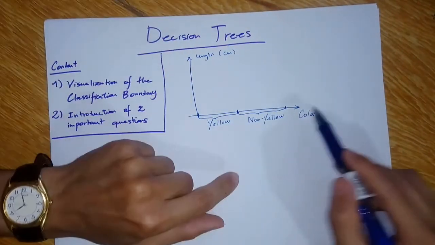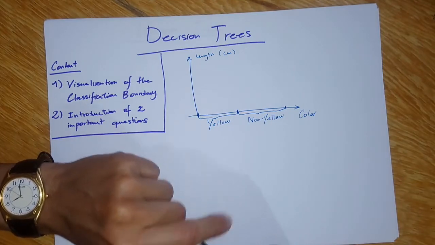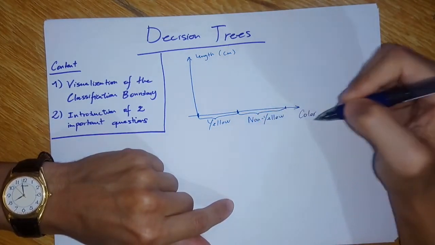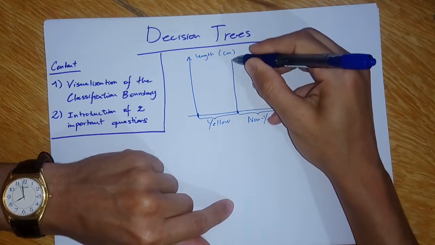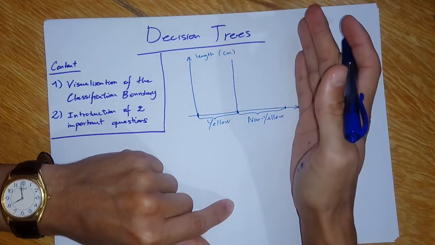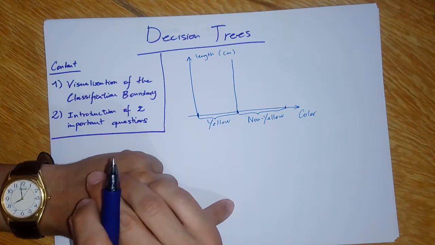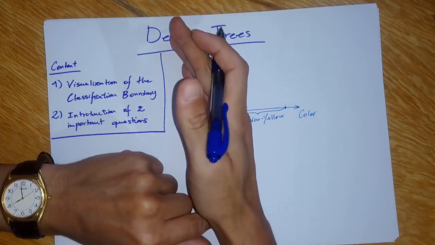So everything that is here and non-yellow is classified as strawberry. Therefore, the first boundary that is formed by the decision tree is this. And everything here in this subset of data samples is a strawberry, and everything here may be either a banana or a lemon.